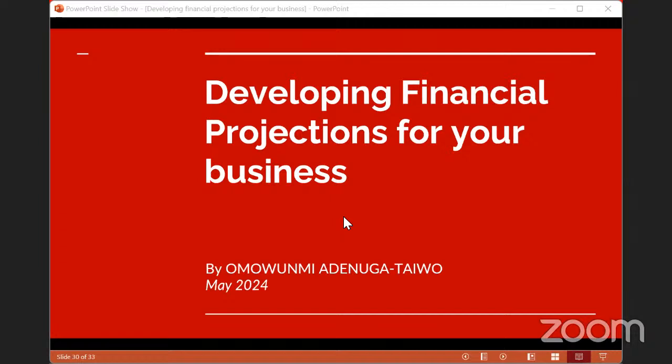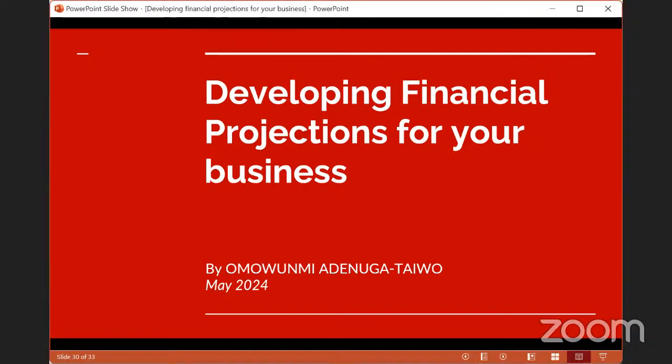So what we will be doing in today's session is spending more time on these topics and the sections we started off in the previous session, and also taking time out to address some of the questions that came out from the first session. And hopefully through answering the questions, we'll be able to get a more robust understanding of how to develop financial projections for our business based on the conversations we started with the last time.